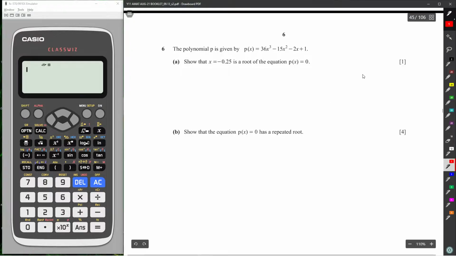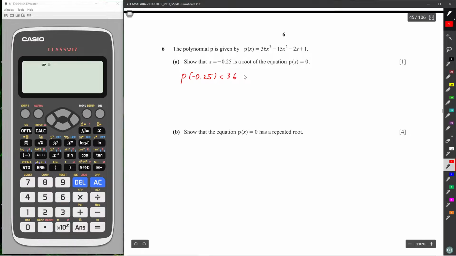Right, so let's start. So I have p of negative 0.25 equals, sub this value into all the x that you see here.